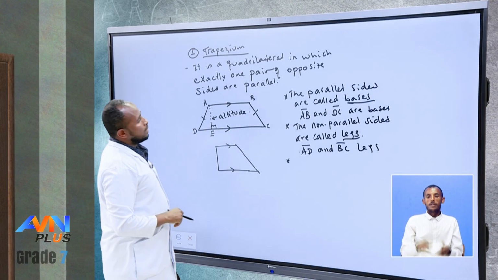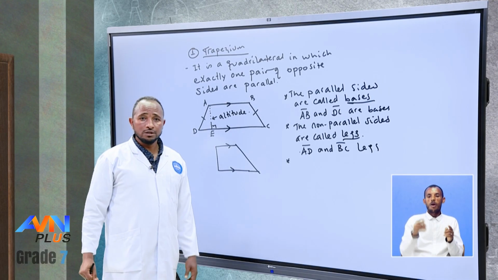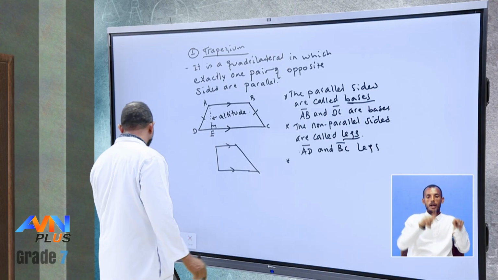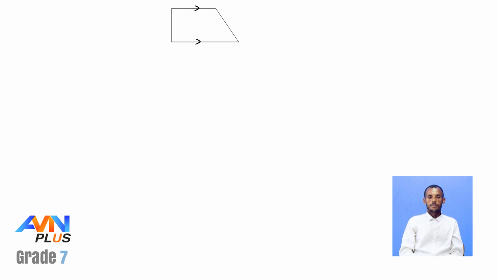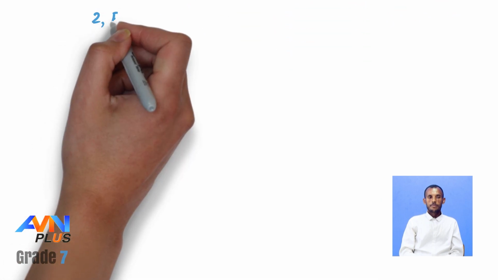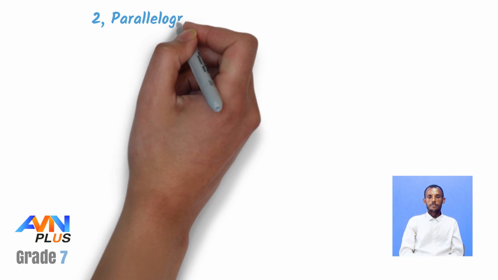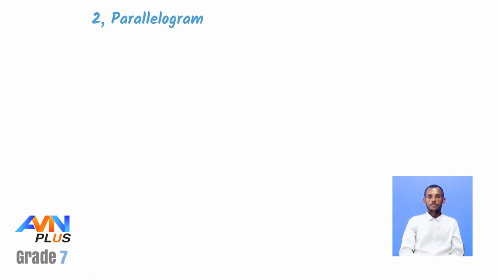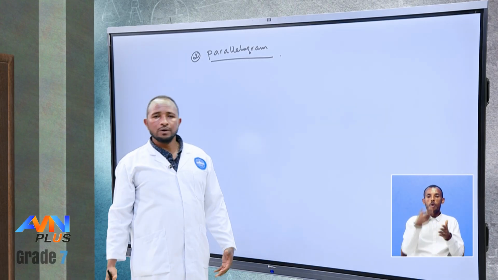Now, we'll proceed to the next special quadrilateral. We call it a parallelogram. Now, let's define what a parallelogram is.